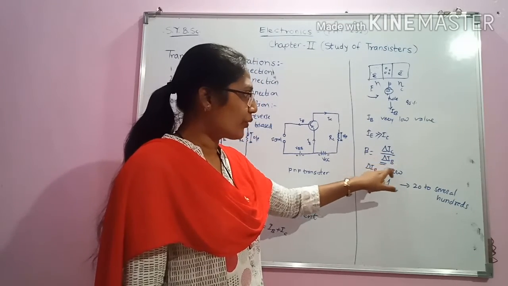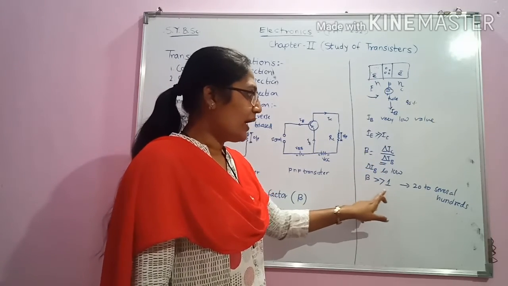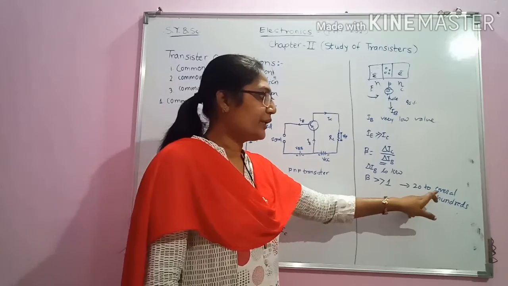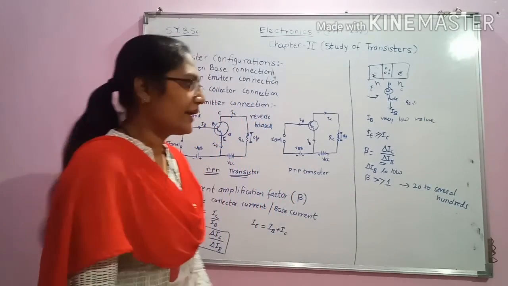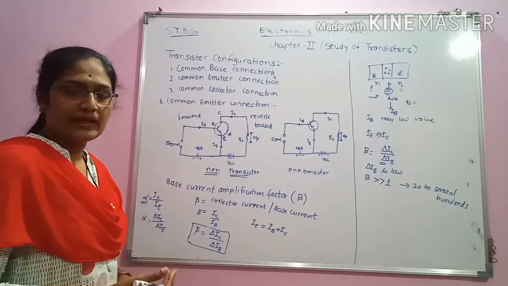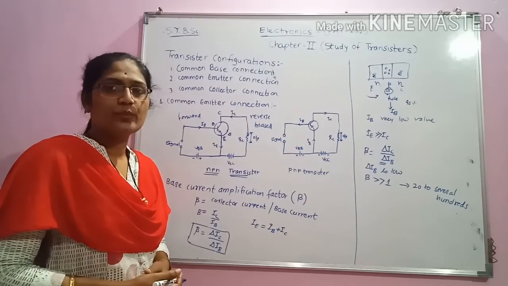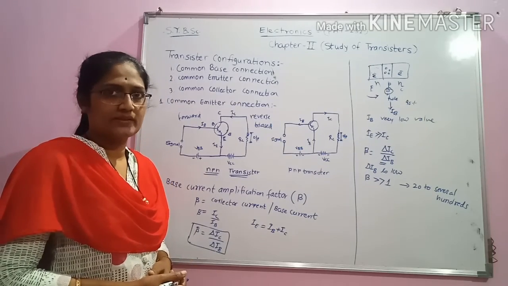As this component becomes very low, the beta value becomes greater than 1, between 20 and several hundreds. Because its gain or amplification is more, the common emitter connection is always preferred in most circuits. Thank you.